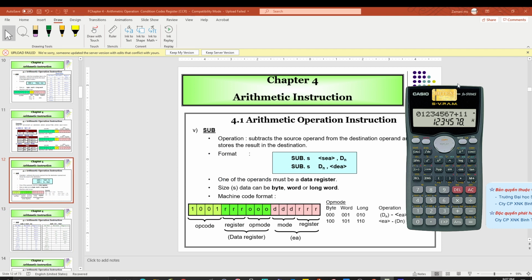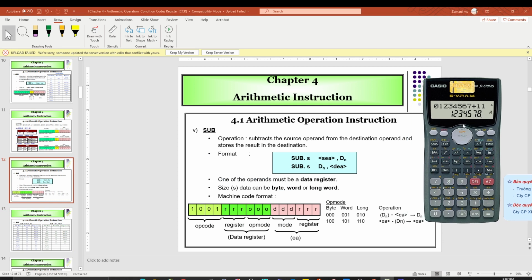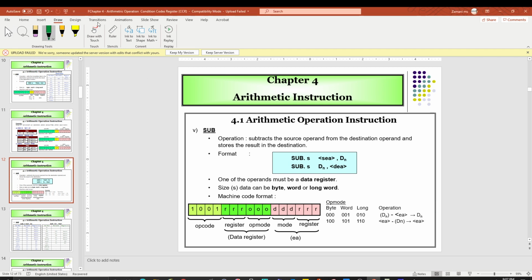So subtraction is a bit different. The operation subtracts the source operand from the destination operand and stores the result in the destination, which means that you are going to have your destination minus your source, and it will be saved to your final result, which is the data register.